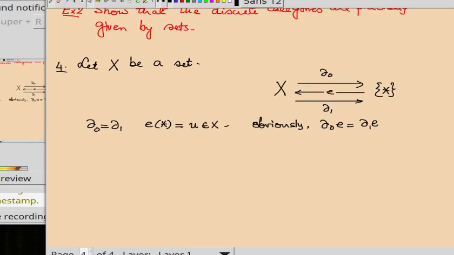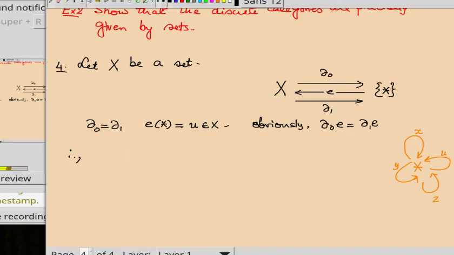The picture seems to be suggesting I have this single object, and the morphisms are something like this. And there is a very, very special morphism, as I said, this U. So therefore, for x and y in X, what is the composable pairs?